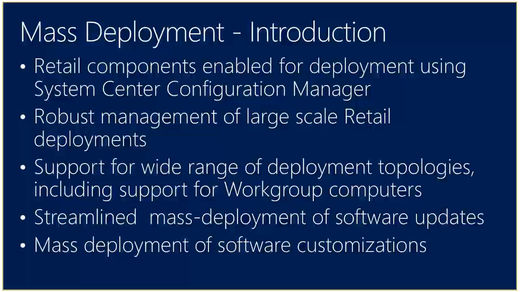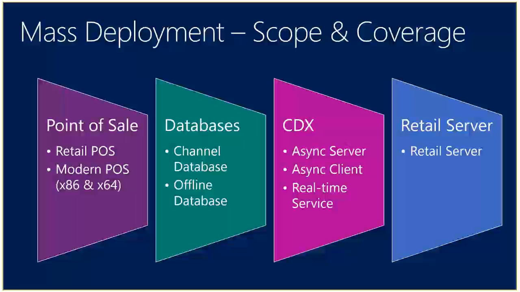So what components are really covered as part of this feature area? Falls into four key buckets. There's the point of sale. So there's the retail point of sale, that is the traditional desktop application. We are also able to deploy using System Center with the retail modern point of sale, which is the Windows 8 style application, running on x86 and 64-bit platforms.